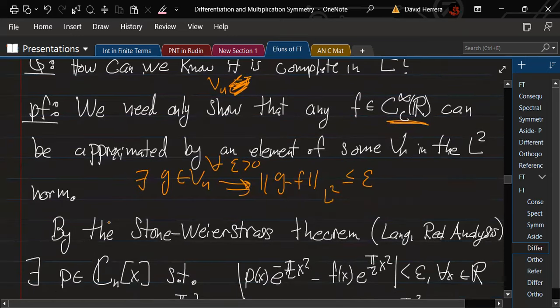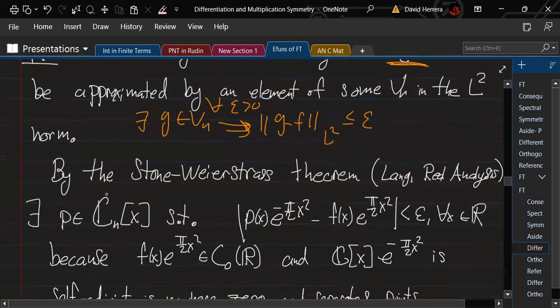So, what are we going to do? We're going to apply Stone-Weierstrass. You've got to be careful about Stone-Weierstrass. Let's take V to be the union of all the Vn's.